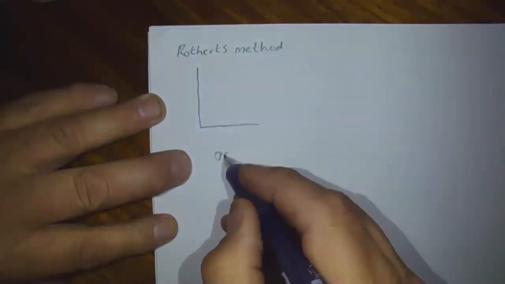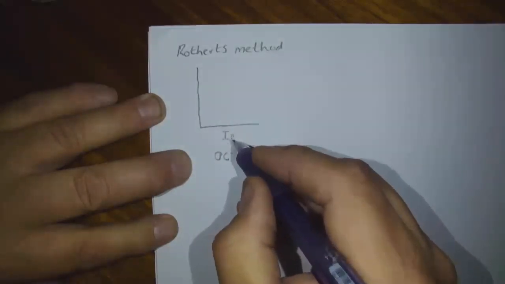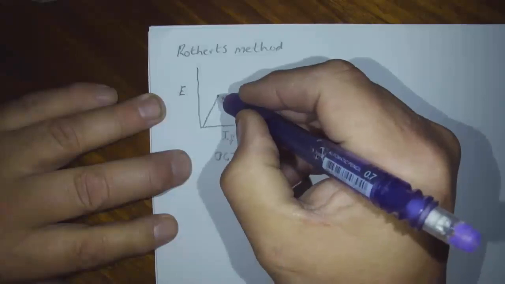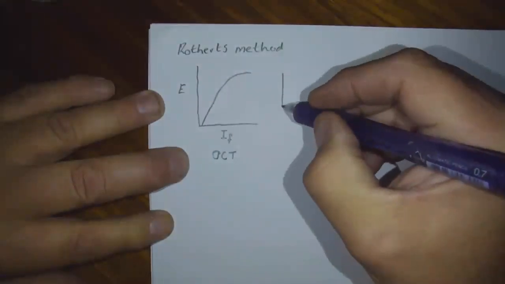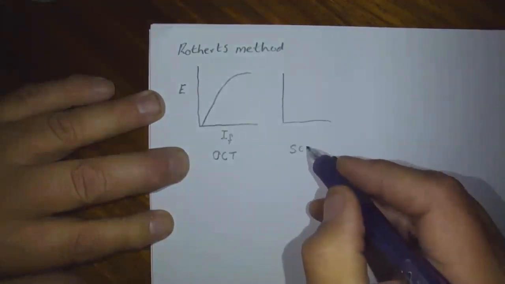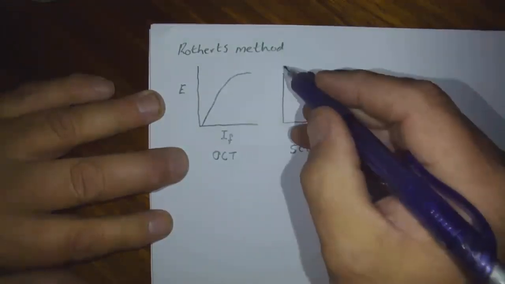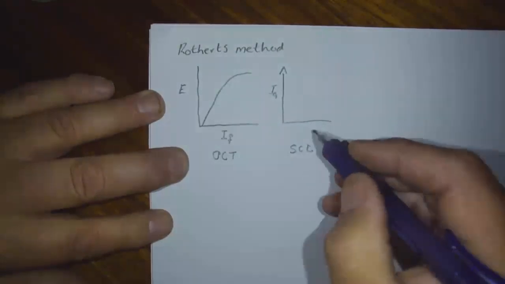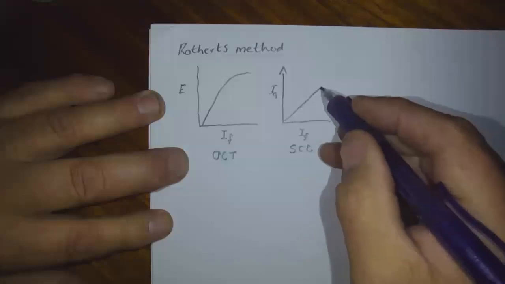An open circuit graph, which is EMF against IF, usually does something like that. And then we have the short circuit characteristic, here we have IA against I field. That's usually a straight line.